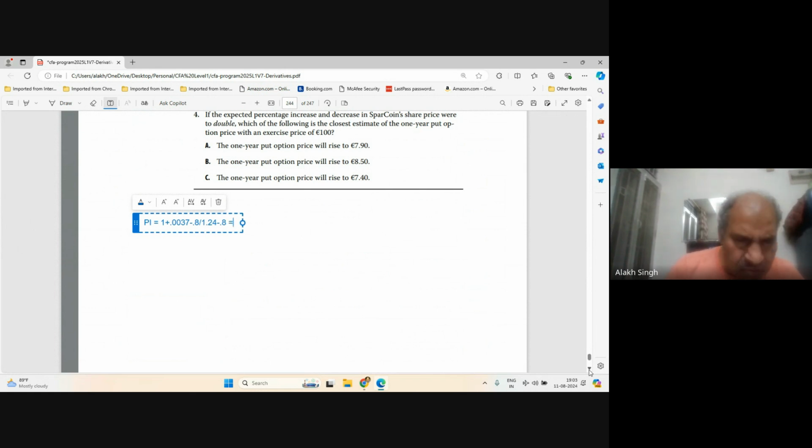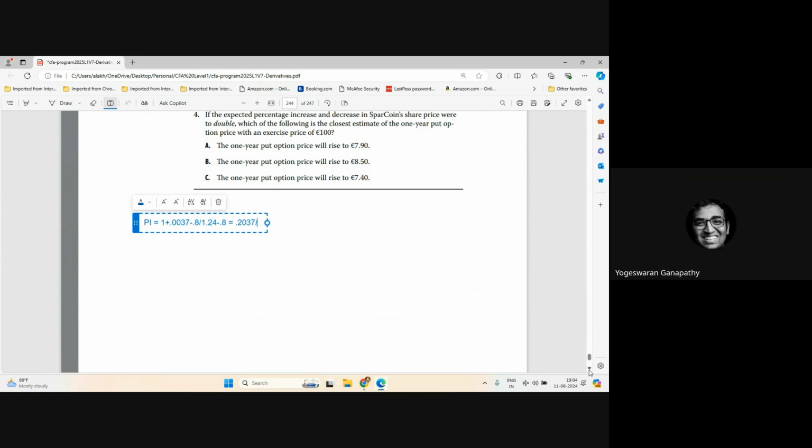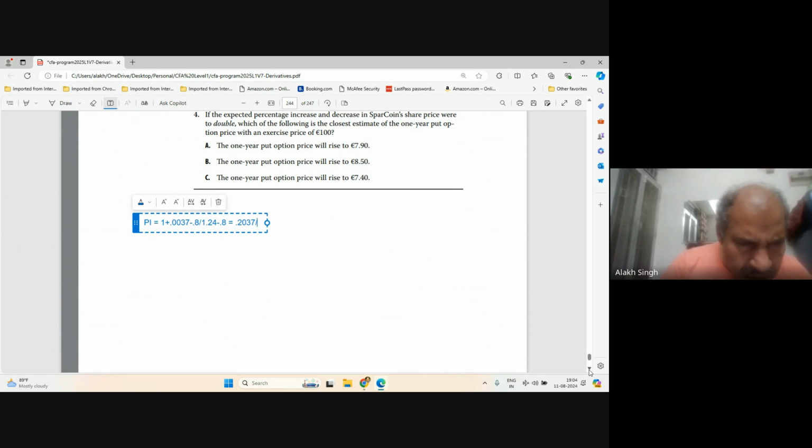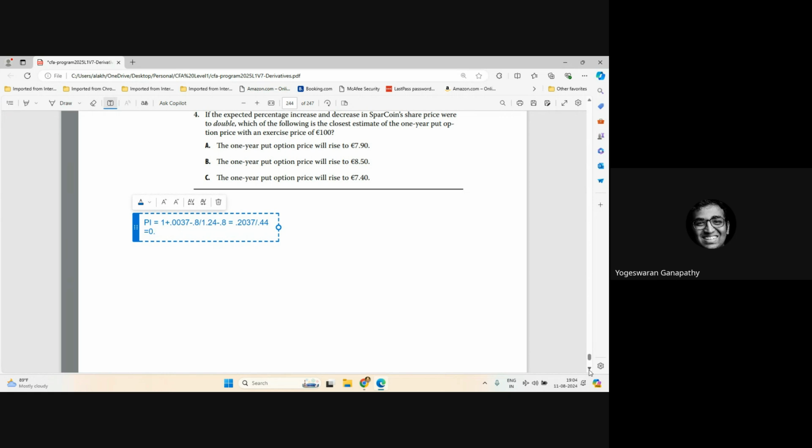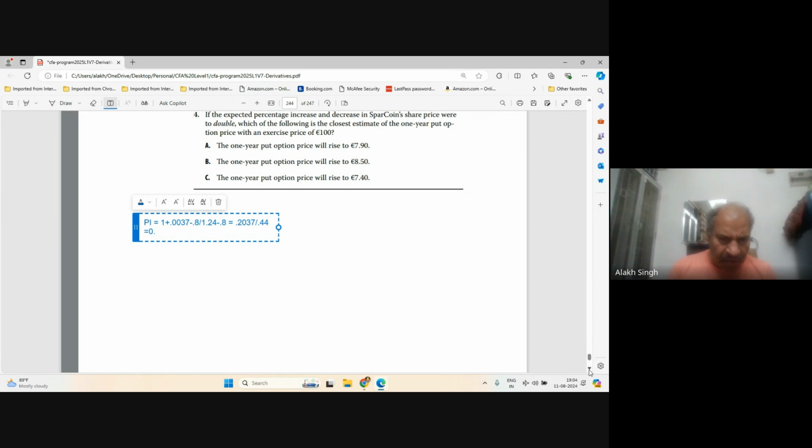So what is the value? 1.0037 minus 0.8 is 0.2037. Divided by 1.24 minus 0.8, so that will be 0.44.